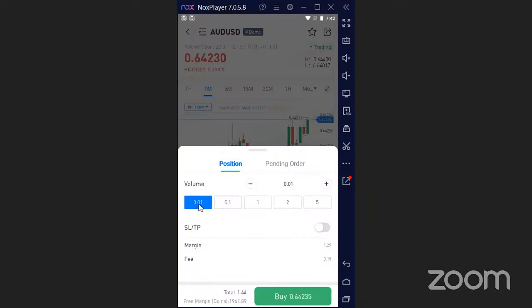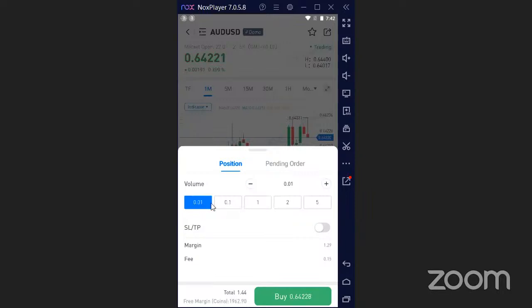Before you can get this 0.1, you need 10 of the smallest. So imagine the distance between them. You need 10 of this to get one of these, and another 10 to get the next one. That is how lot sizes work.